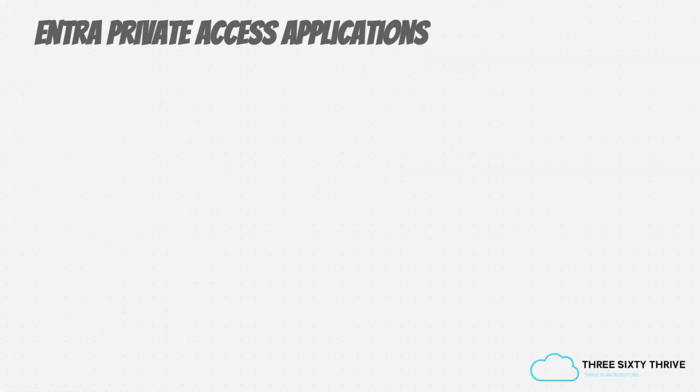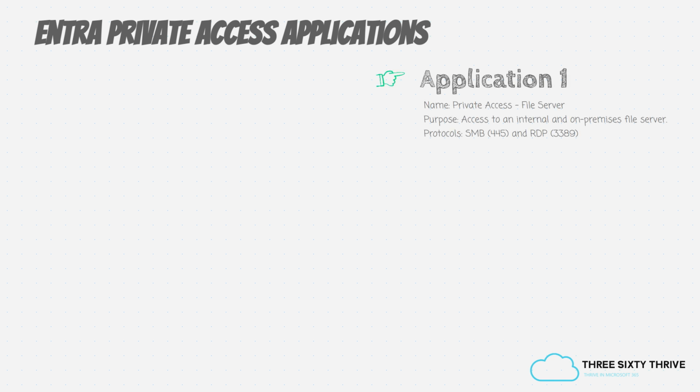In this next section, we'll look at defining, configuring, and publishing the applications and services, being the internal on-premises resource that we want to grant access to for our end users via Entra Private Access. In this example, we will create two applications. Application 1 will be called Private Access-File Server, which will facilitate SMB and RDP access to an internal and on-premises file server.